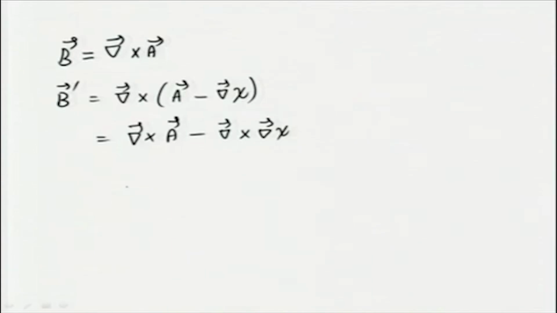It is a property of the curl of a gradient. So, this is equal to curl of A, which is nothing but the original B.